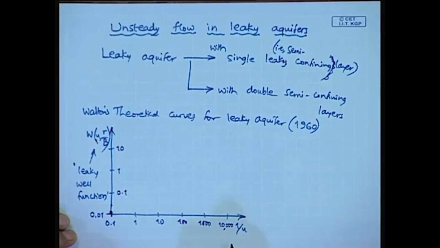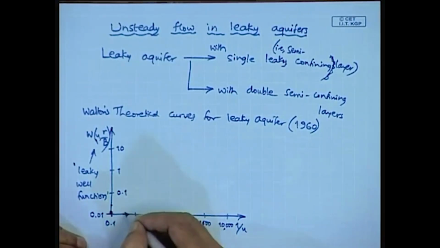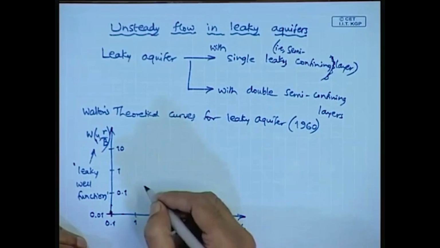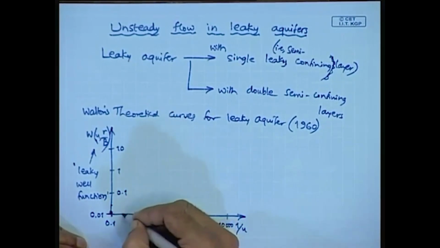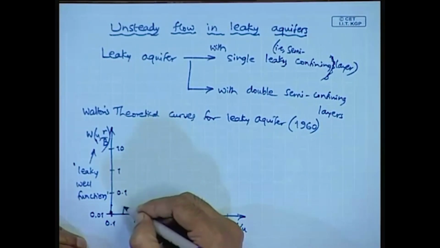Here the Theis curve starts somewhere between 0.1 and 1. This is the Theis curve.